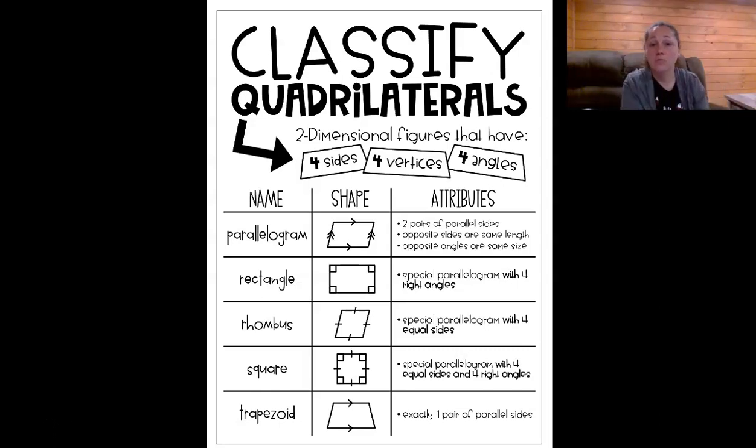Okay? So when we're talking about angles, that's what we're talking about. That's why you can see it says sides, vertices, and angles. So these are all attributes of polygons, and these are big attributes of quadrilaterals because quadrilaterals have 4 sides, 4 corners, and 4 angles. Moving on.